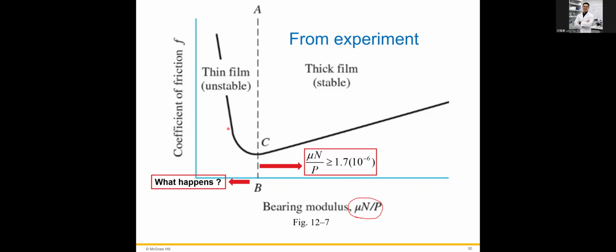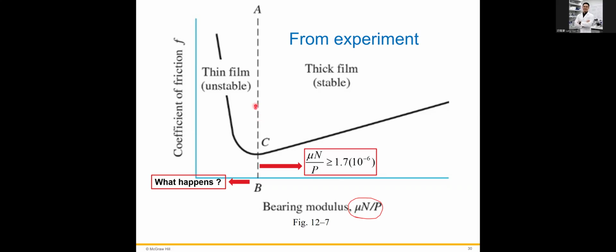And as the viscosity becomes lower, the clearance becomes thinner, and the friction increases and more heat again and again. It's a vicious loop.